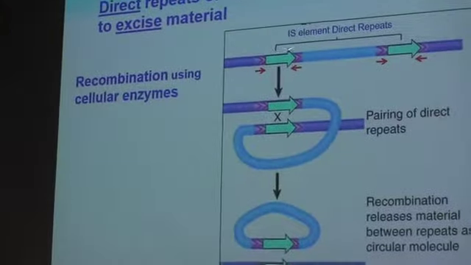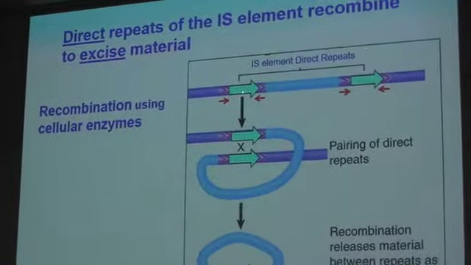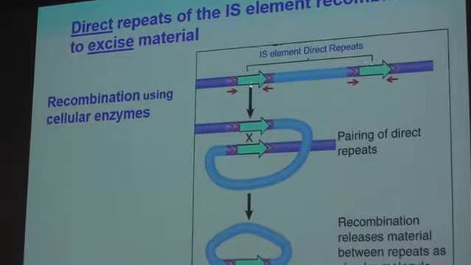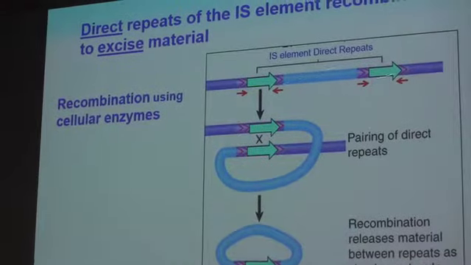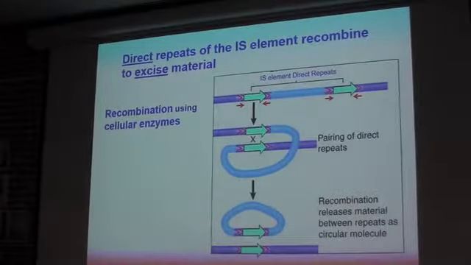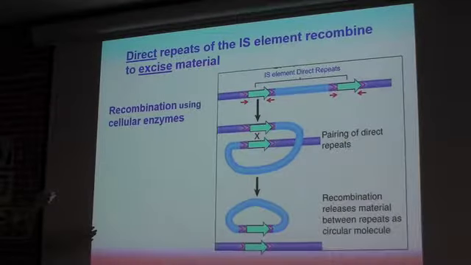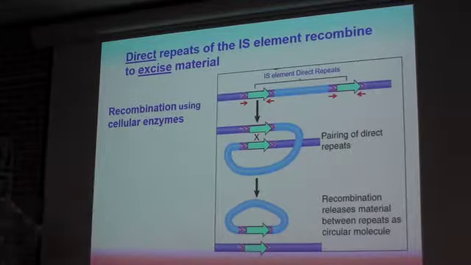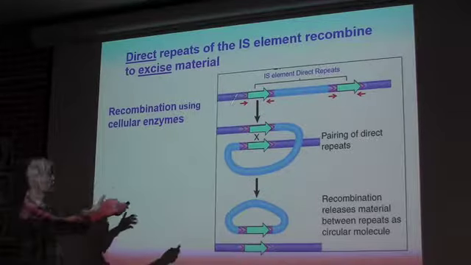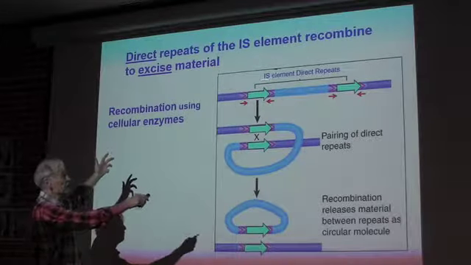There are two outcomes here. One, if the IS elements themselves, of course these have to be the same IS element. This is the kind of configuration that you would have on a composite transposon, for example. But it could just be two copies of the same IS element. Each of these is perfectly functional, and it always just cuts itself out.